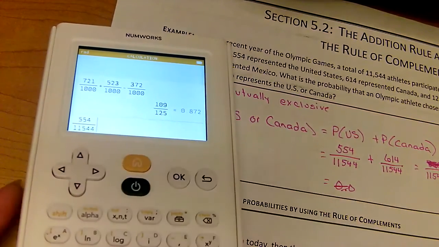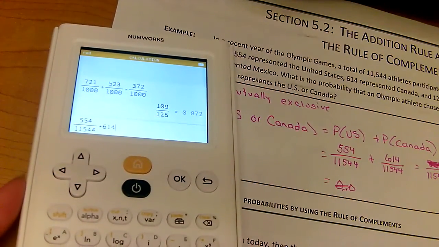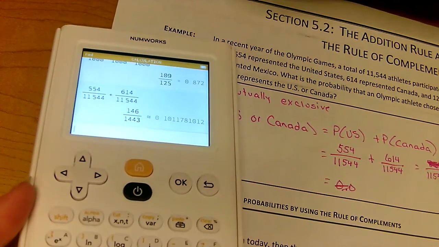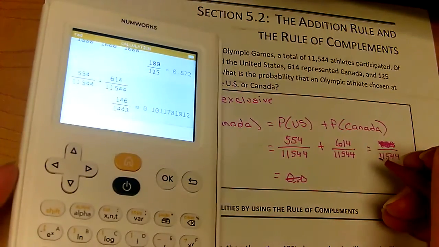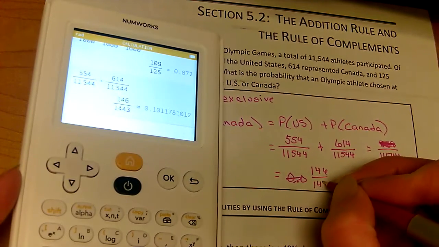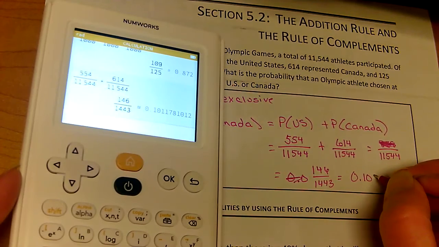You got to come out of the fraction. Plus 614 divided by 11,544. And it gives it to me in the reduced form, which is kind of nice. 146 over 1443. That's 0.1012.